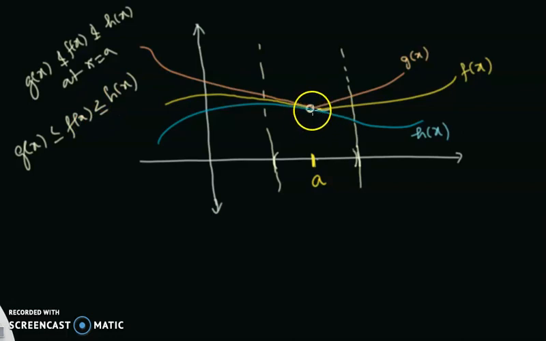Even if it doesn't hold at a, it holds on a small interval around a. Then what happens?